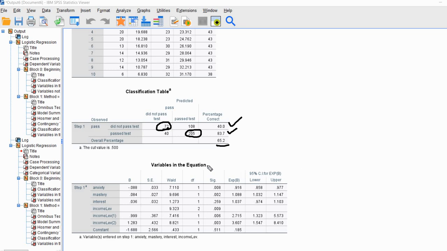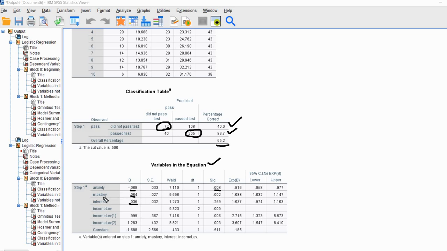still rather poor. When we look at our regression table below, you'll see that we still have our anxiety predictor, and mastery and interest. Those are our regression slopes that are given. You can see that anxiety is still negative and statistically significant, indicating that students who are higher on anxiety are less likely or less probable to pass the test.